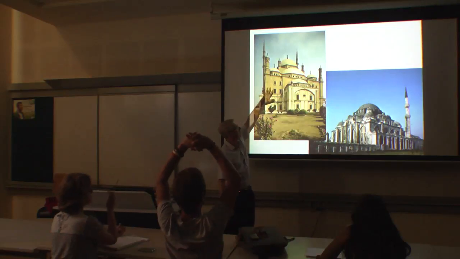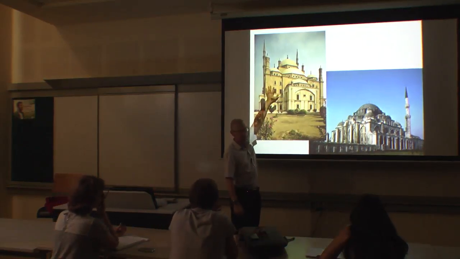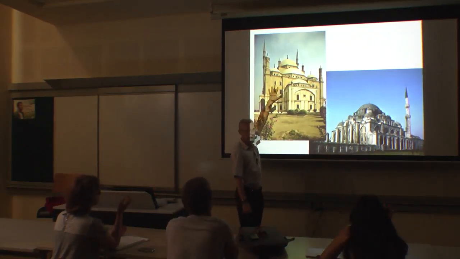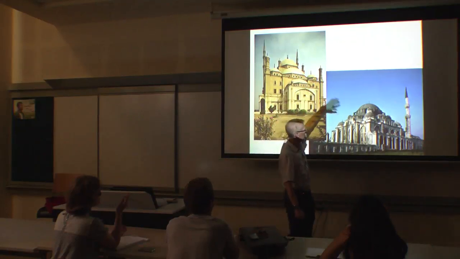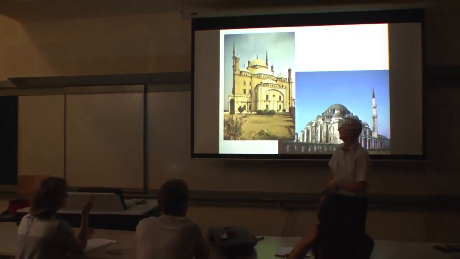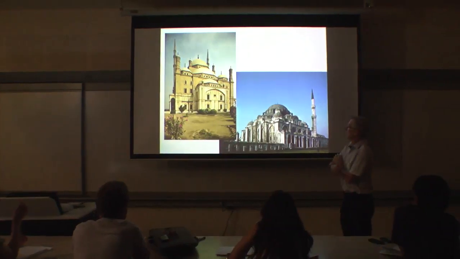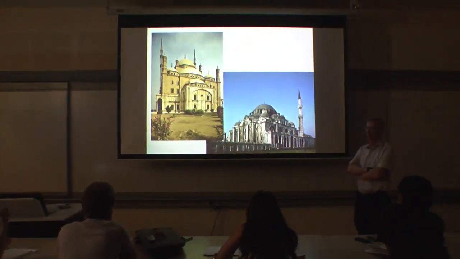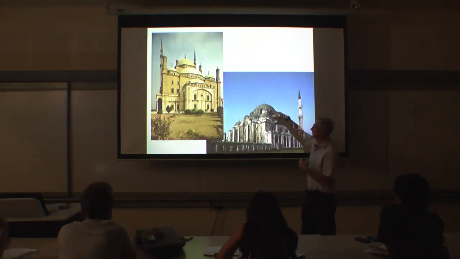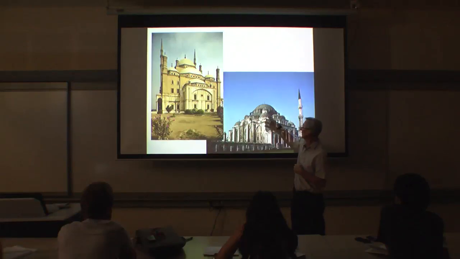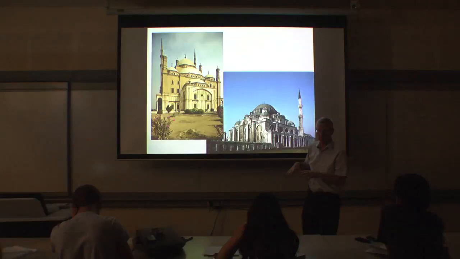Yes, there's less recessing, less articulation of the upper parts of the outer facade in the Muhammad Ali Mosque as opposed to the example in Istanbul. Another similarity is not just the central dome, but the fact that the central dome is supported by four semi-domes. So it's the same basic plan that both of them have.